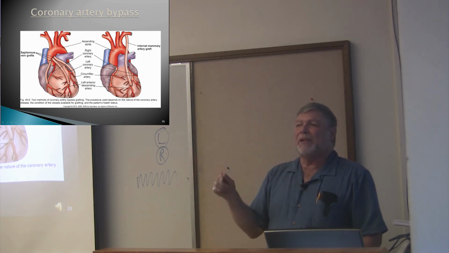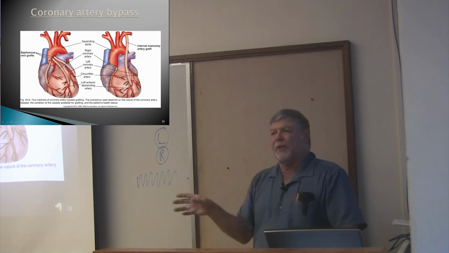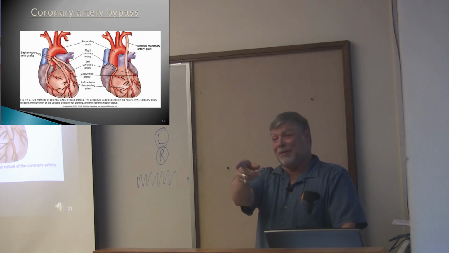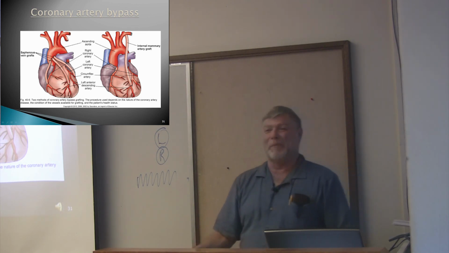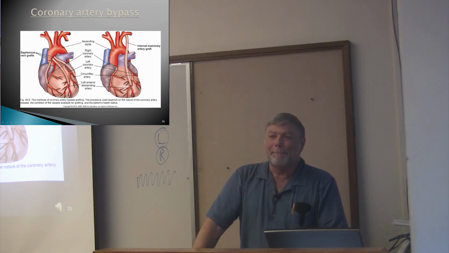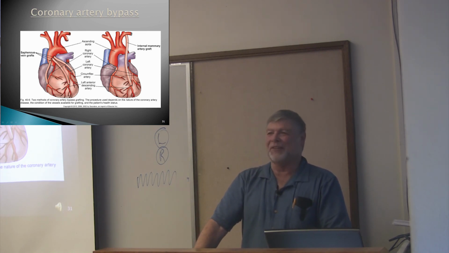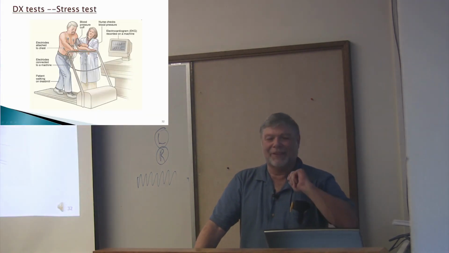What do you think they have to be concerned about with using a vein versus an artery? You want to explain that? He's on the right track here. Why does this side go up? Because there are valves in there. There's valves in the veins, and there's no valves in arteries. So if you put the vein in backwards, it doesn't work.